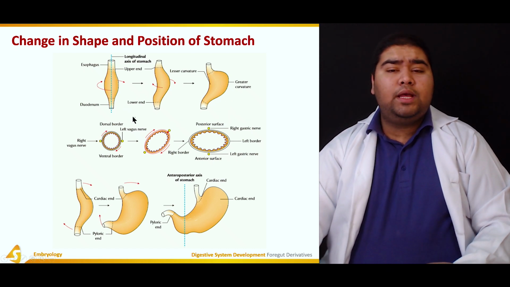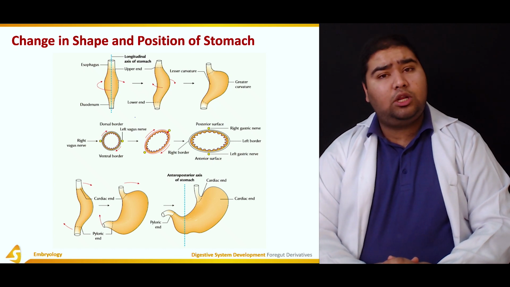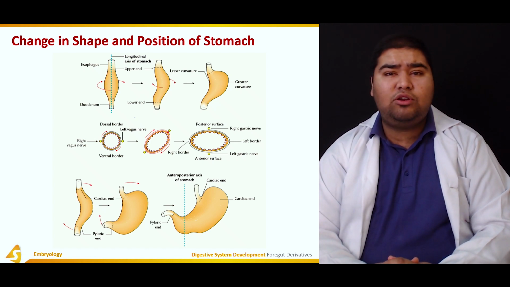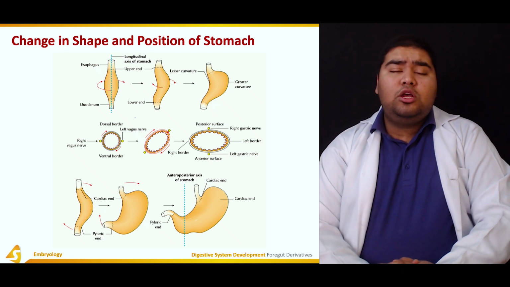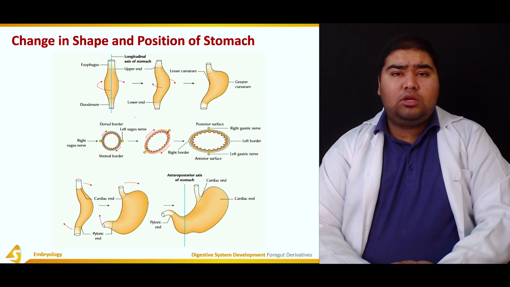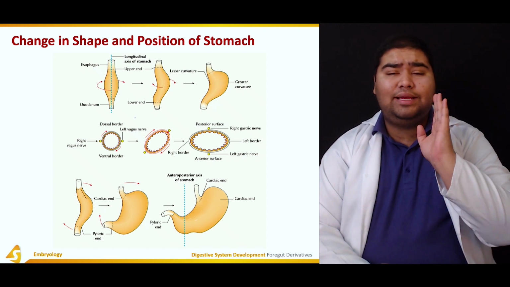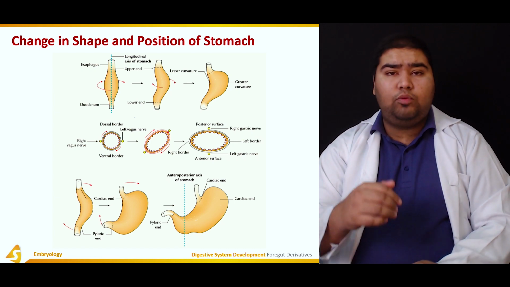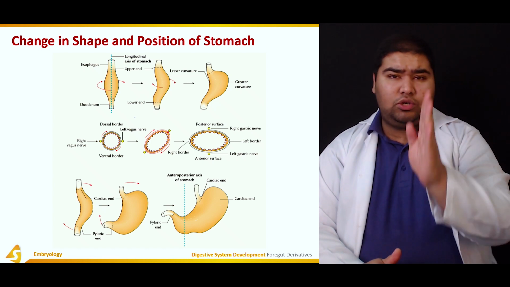Now we saw the rotations in the stomach. There are two types of rotation: the rotation along the longitudinal axis and the rotation along the anterior posterior axis. So what is the longitudinal axis? The longitudinal axis is when the tubular stomach is lined up so that both the openings, the upper end and the lower end, come to lie in the longitudinal section.